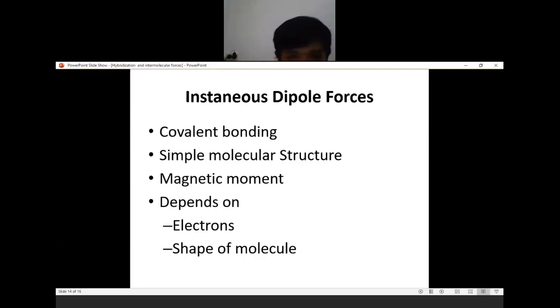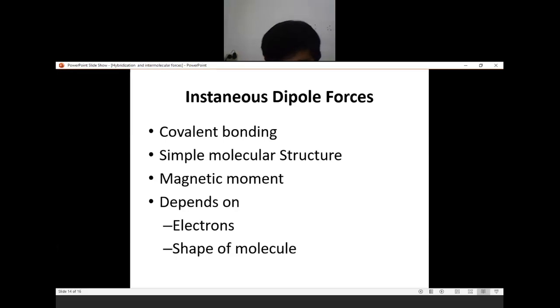Okay, instantaneous dipole forces. There are some points. The first point is it must be made up of covalent bonding, and then the instantaneous dipole has a simple molecular structure. What is the meaning of simple molecular structure? It has low melting and boiling point. And then instantaneous dipole forces are like a magnetic moment.